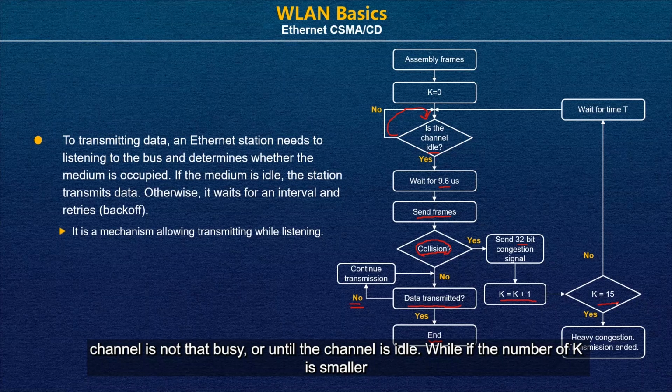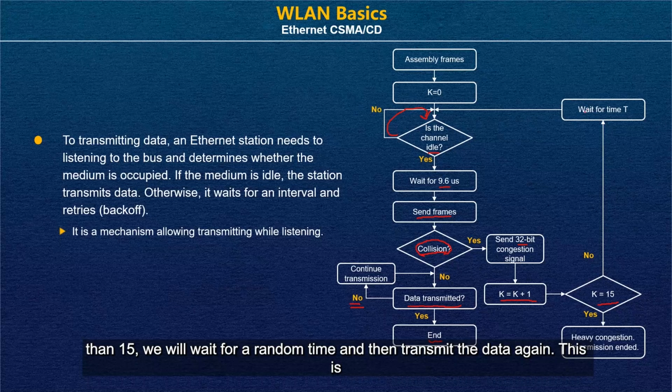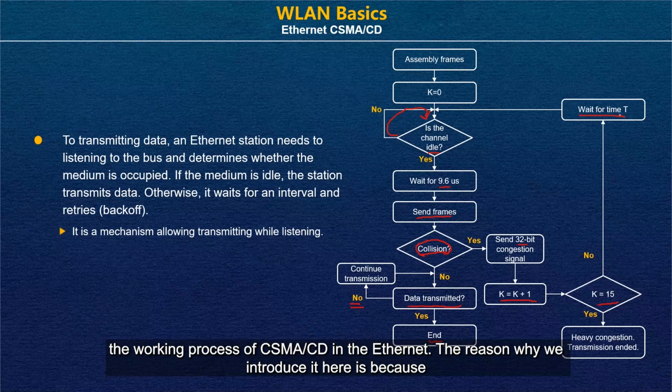While if the number of K is smaller than 15, we will wait for a random time and then transmit the data again. This is the working process of CSMA CD in the Ethernet.